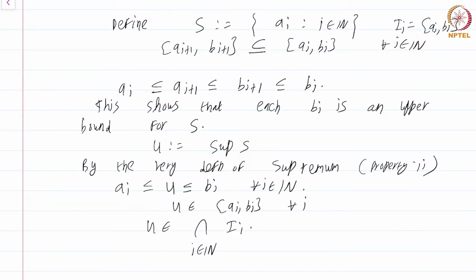So we have found an element U that is there in the intersection. Okay. So this concludes the proof of the nested intervals theorem.